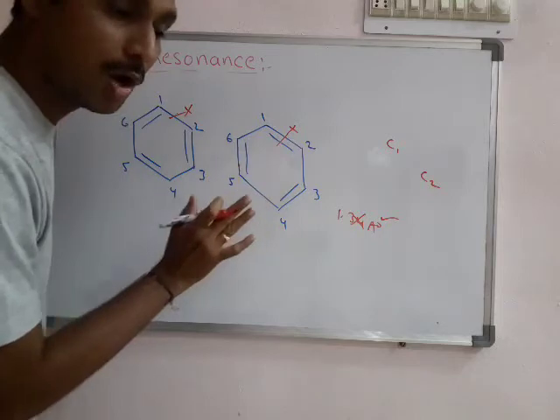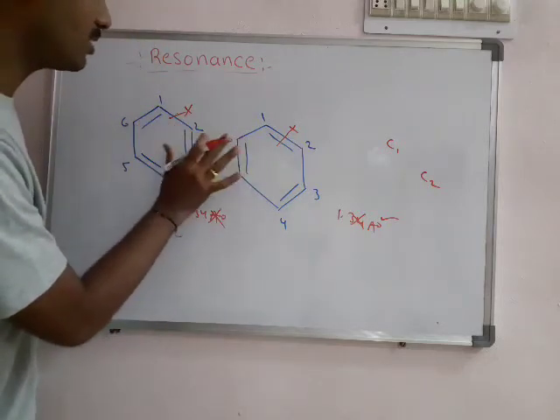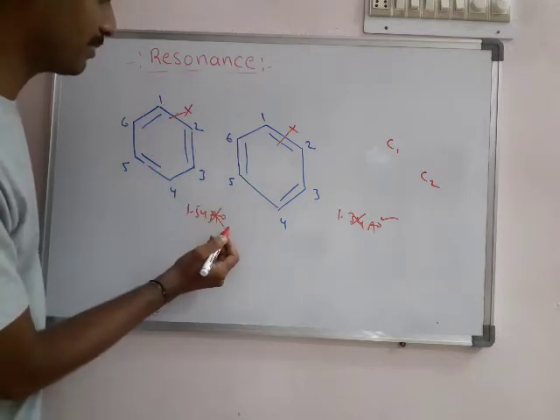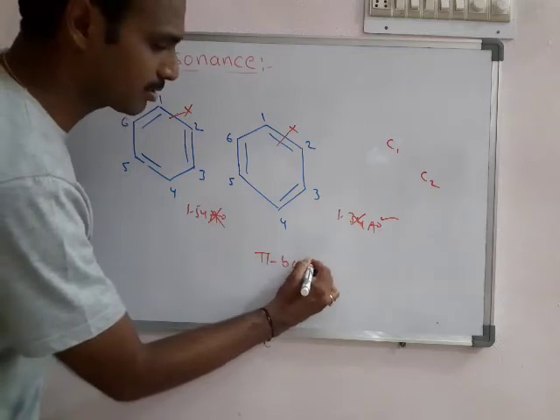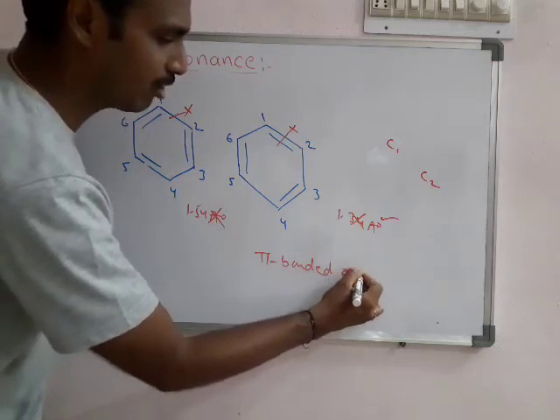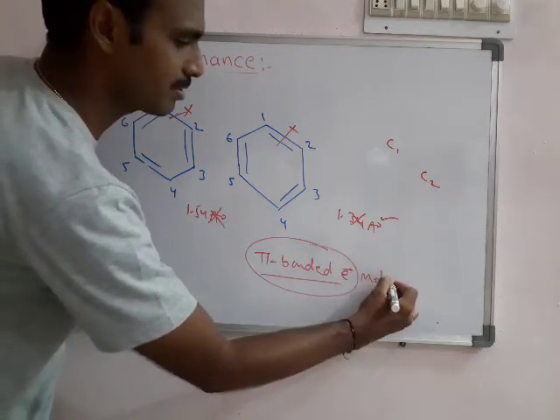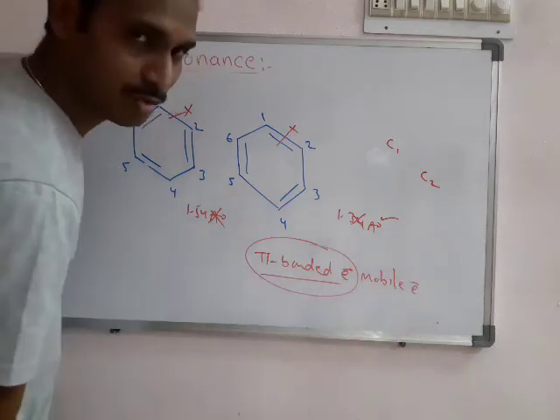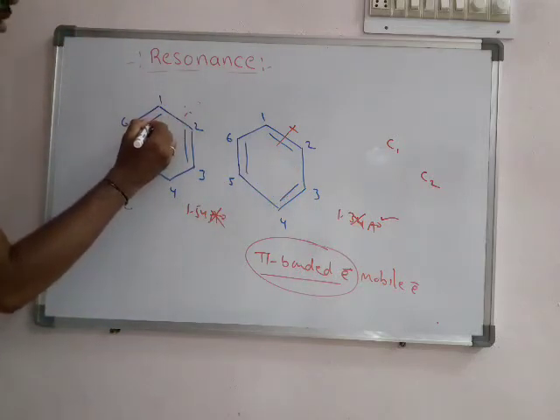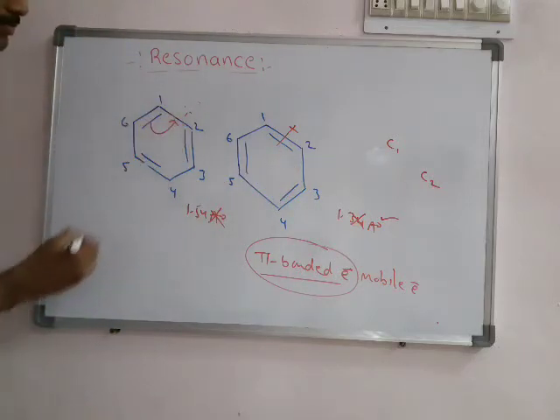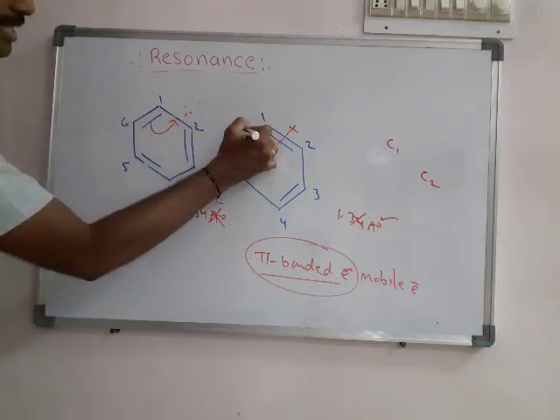Okay, there are alternate bonds present. So how can this structure be obtained? Due to the movement of pi bonded electrons. We know that pi bond electrons are also known as mobile electrons. For example, see here, the pi bond formed here shifts to here, so here it becomes a single bond.